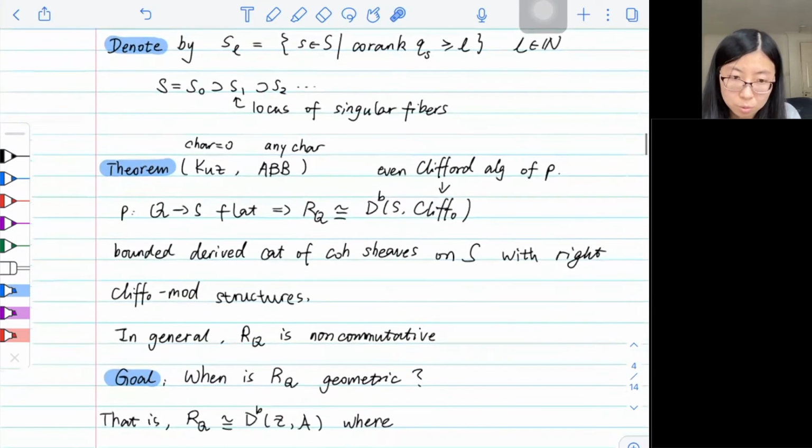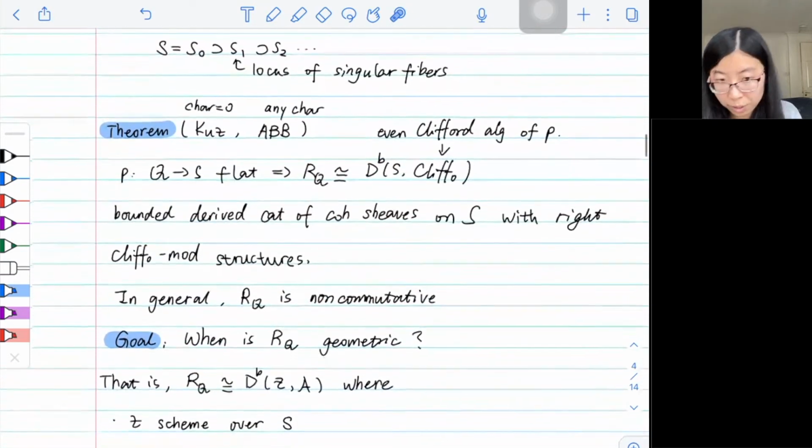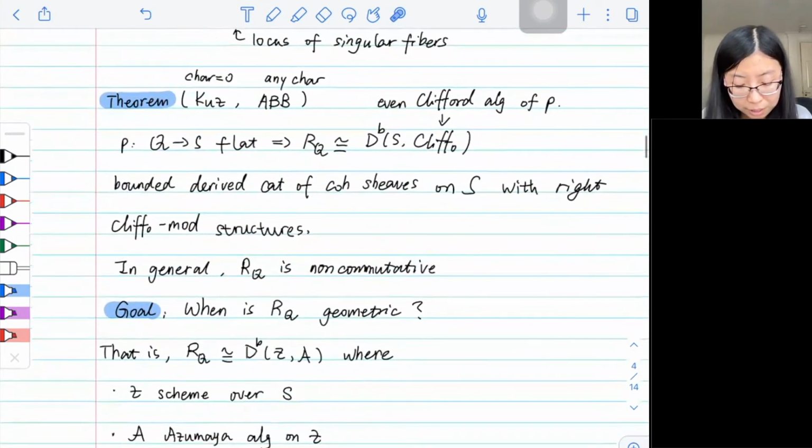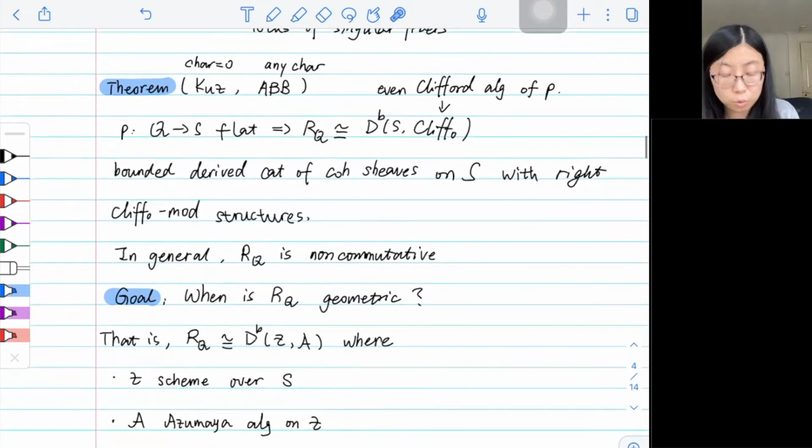So the goal is: when can you have that this residual category is commutative or geometric, which means that it is equivalent to the derived category of some scheme or the Brauer-twisted derived category over some scheme.